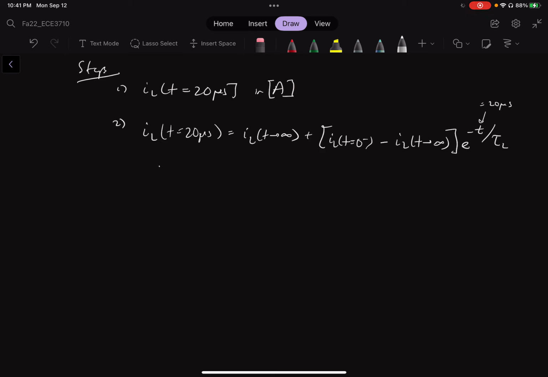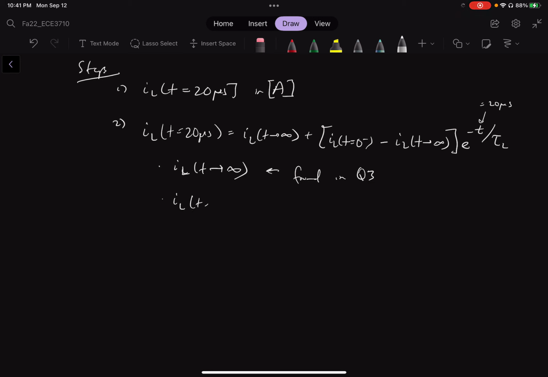We got all our values. We already solved for IL of t approaching infinity. This was found in question number 3.